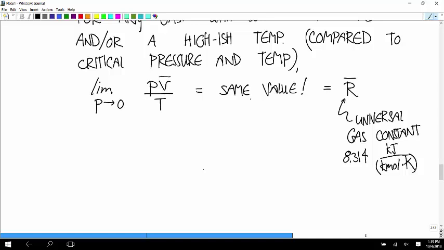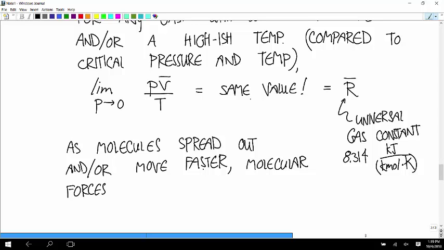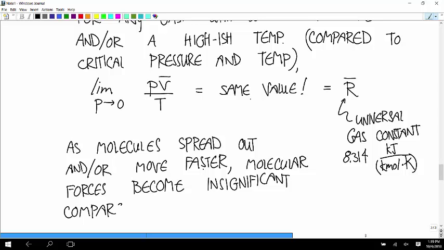So how does this work? The idea is as the molecules spread out and/or move faster, molecular forces become insignificant compared to contact forces.